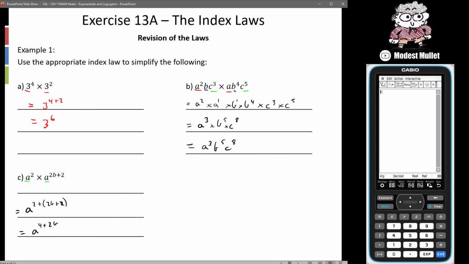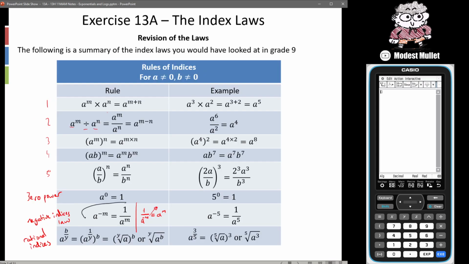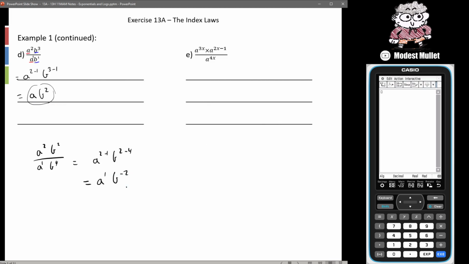If we go back to using the negative indices law, we can also write this as A to the power of 1, move the B down to the bottom of the fraction, and that means we can write it with a positive power, which makes sense. We had 2 at the top, 4 at the bottom. Take the 2 from the 4, we're left with 2 at the bottom. So there's an example where you're not always going to end up with everything up top, nice and simple.